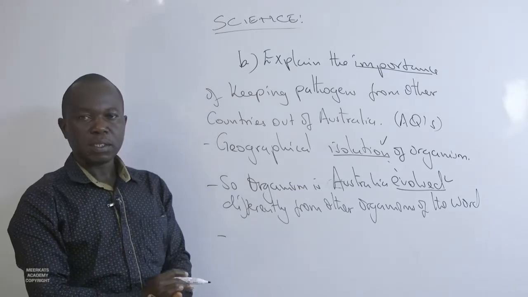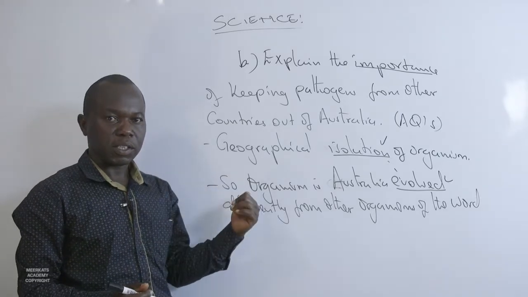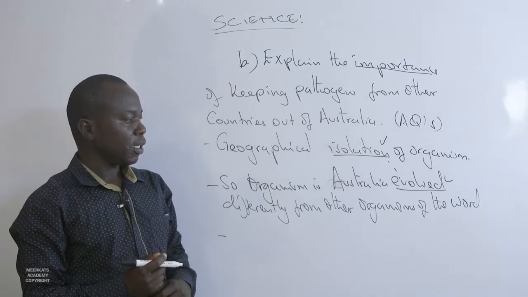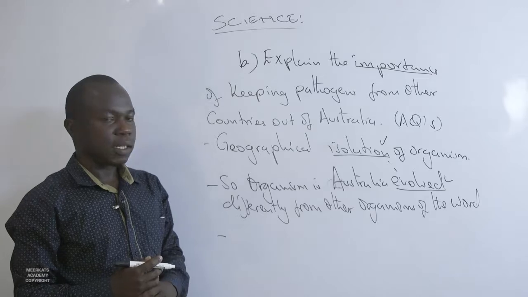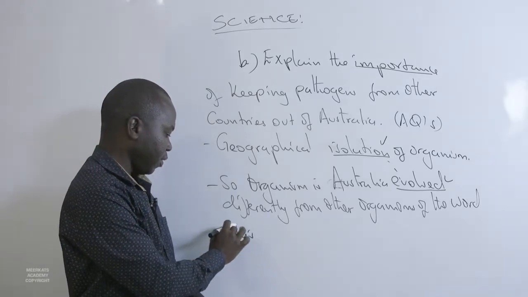So because of that, if we are going to have pathogen from other continents or other countries getting into Australia, they may have adverse effect on native plants and native animals that are found in Australia.